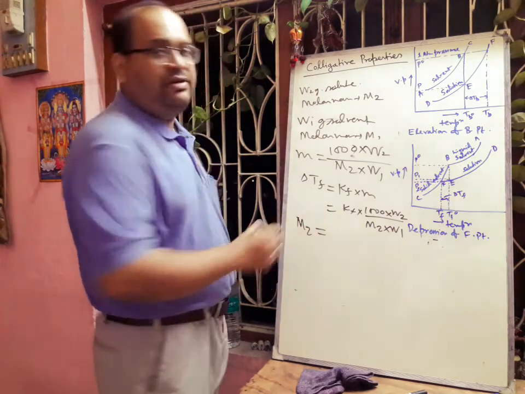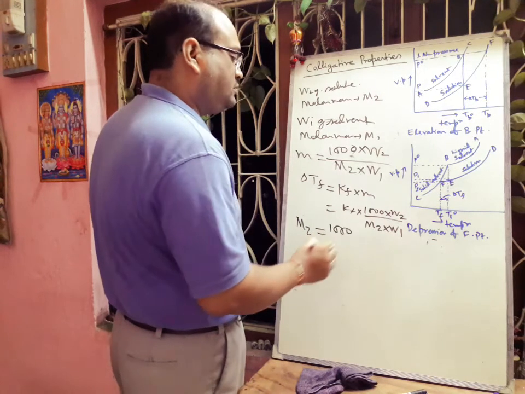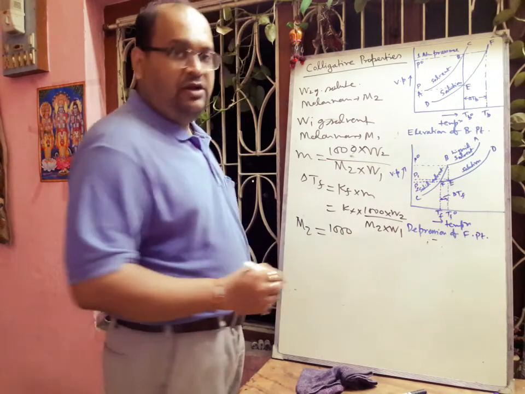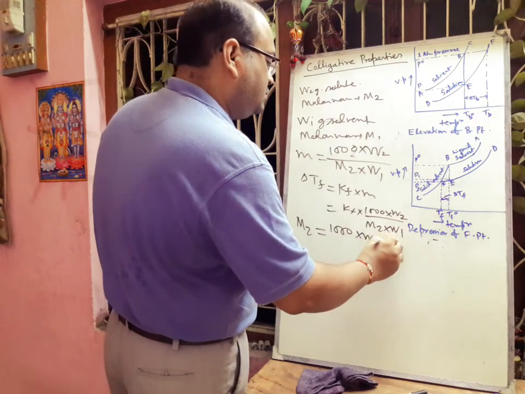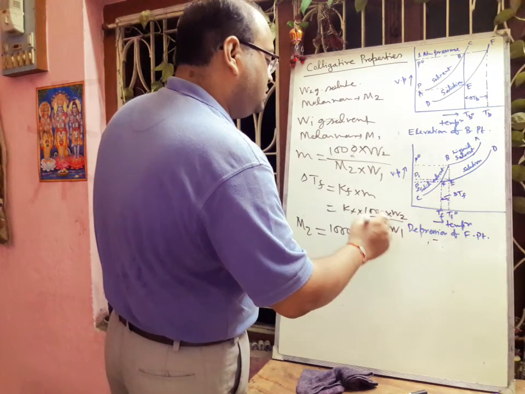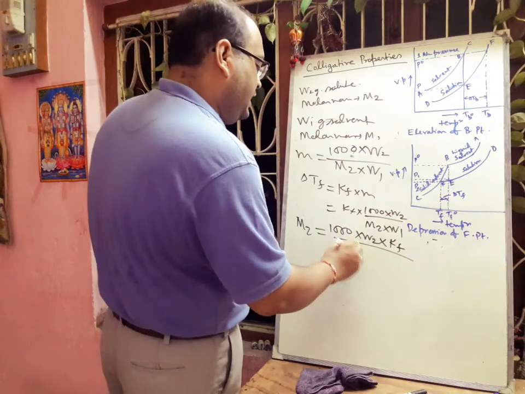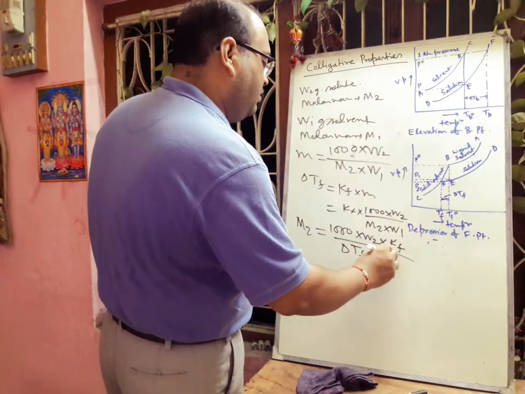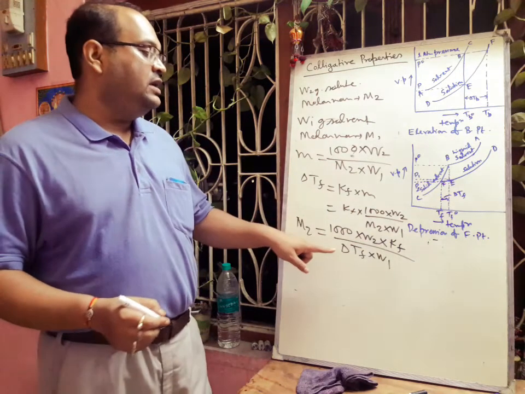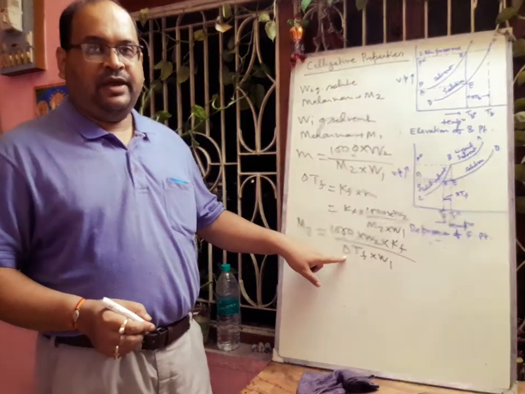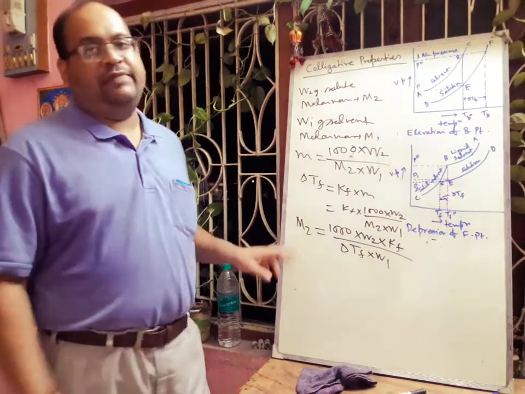So M2 is equal to 1000 into W2 into Kf divided by delta TF into W1. If we know the values of W2, Kf, delta TF and W1, we can easily calculate M2.